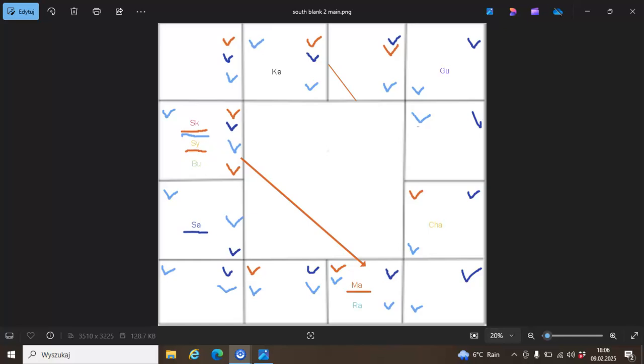So we can see that our Mars is found 7 signs or houses away from Aries or Mesha.